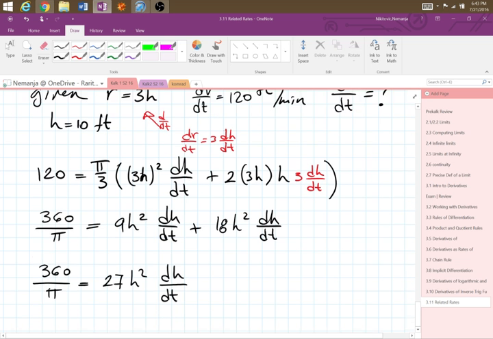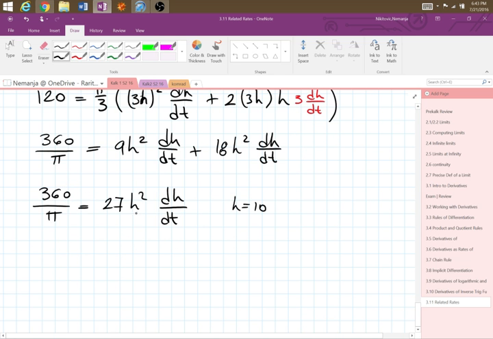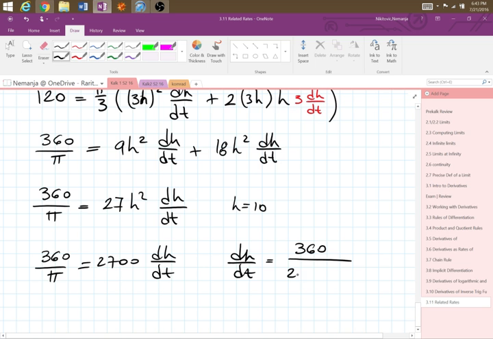Now we know that h is 10, right? We have that, so plug that in. It's 100, so 2700. So 360π over π is 2700 dH/dt, where dH/dt is what? 360 divided by 2700 times π.